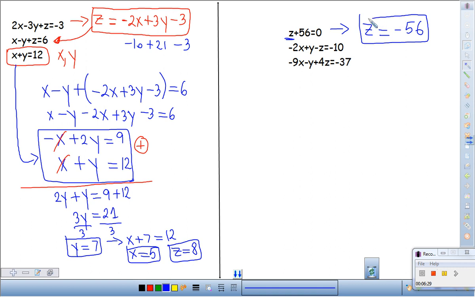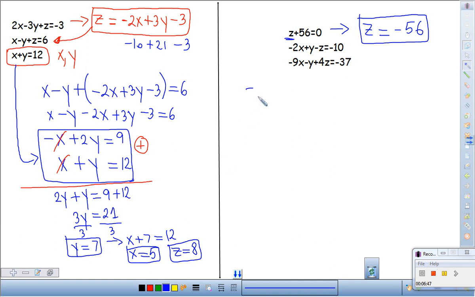Well, what does that mean? How is that affecting my 2 other equations? Well, instead of z, we can use the value that we got for it and transform the 2 equations into 2 variable equations. So let's see what we get.